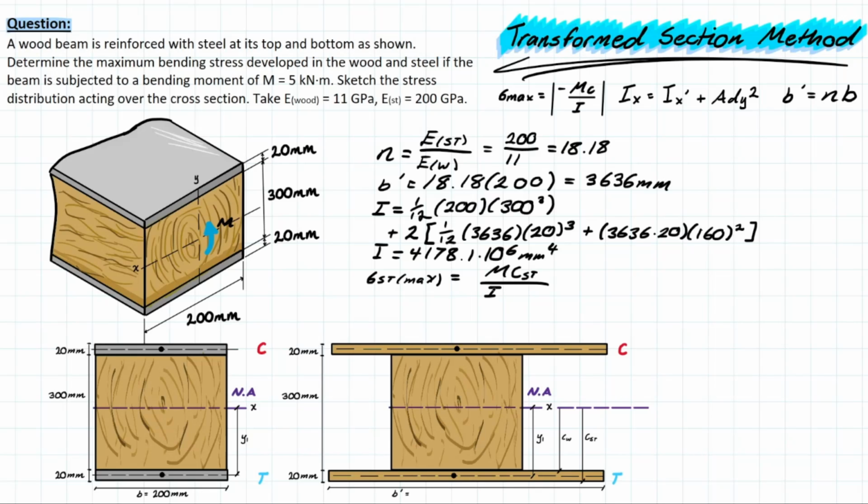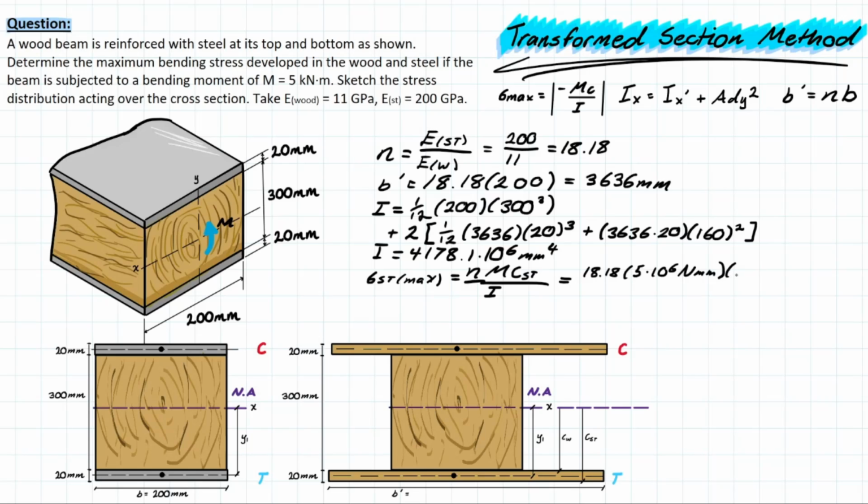So in order to compensate for this, we have to, once again, use this modular ratio to bring it back to the equivalent steel area. Plugging in, we are going to have a very simple plug and chug now. We have 18.18 for the modular ratio times 5 times 10 to the 6 for Newton millimeter moment.